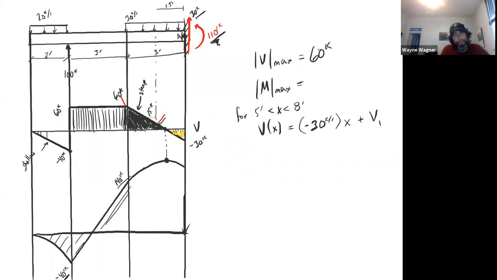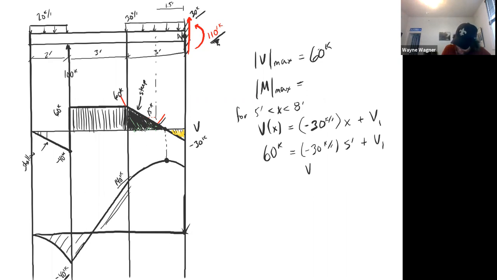y-intercept. So we're going to go in there and say, I know that the shear at 5 feet is 60 kips. So what's my y-intercept?